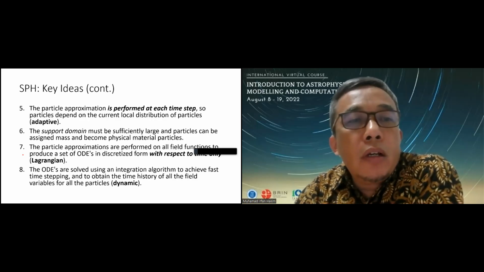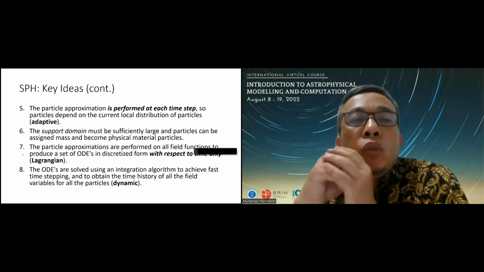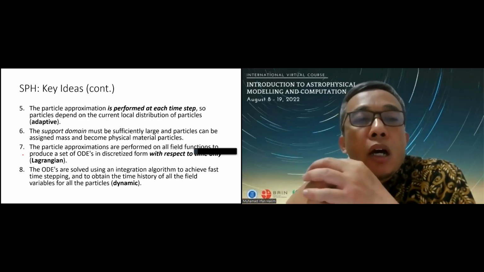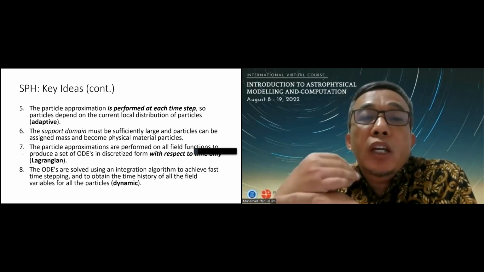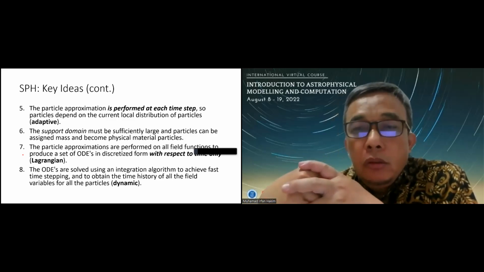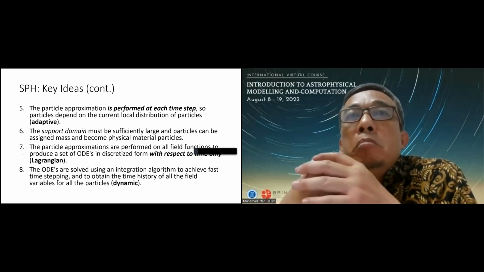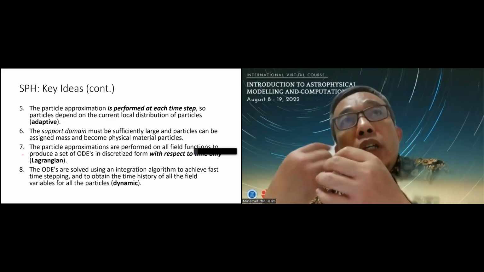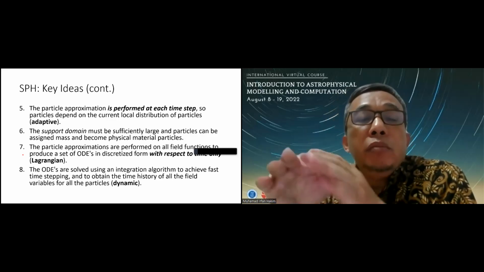The sixth idea is about the support domain. It must be sufficiently large, and particles can be assigned mass and become physical material particles. So we know that a particle has many properties, including mass and also the size of the particles.